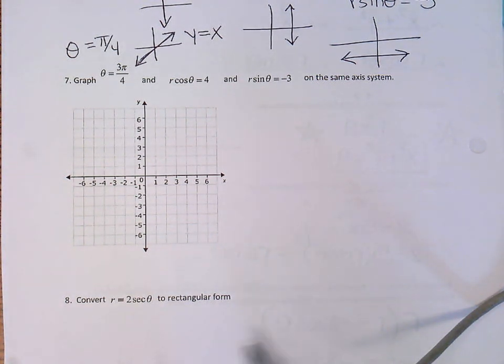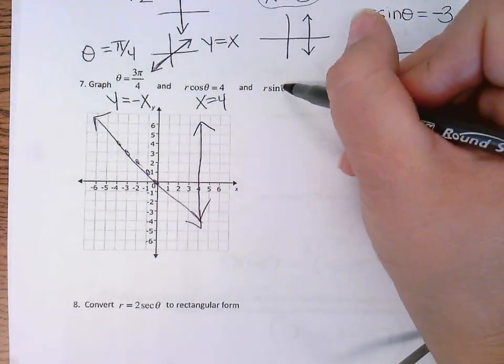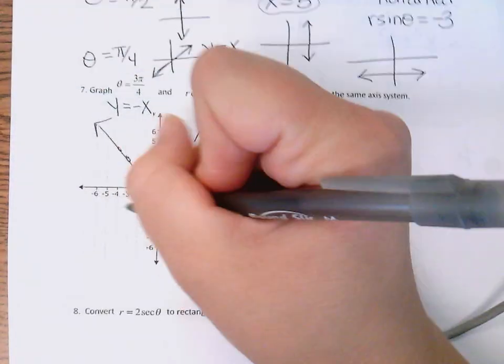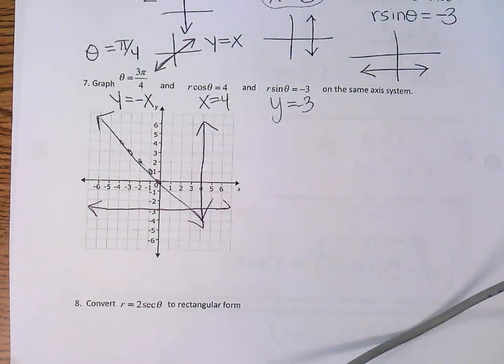And then I will show you number 8, because number 8 is a little bit of a challenge. So just kind of recognize what kind of lines these are. You're drawing lines in the correct angle or position. And let's see, this is y equals -3, so just a horizontal line at -3. So just drawing lines, right? To me, they're easier in rectangular form, but you could recognize them in polar.